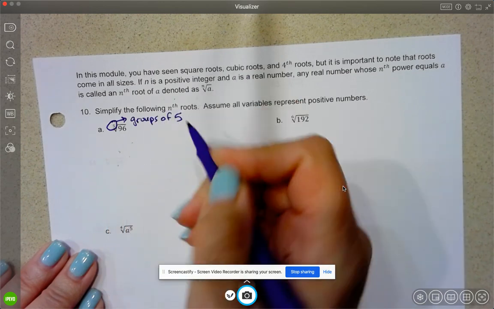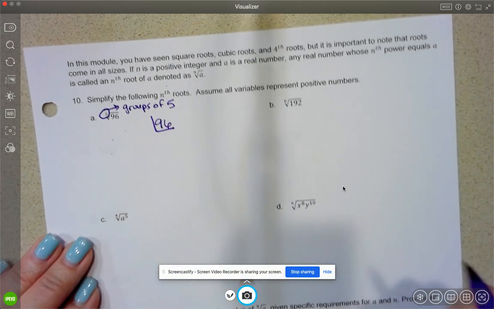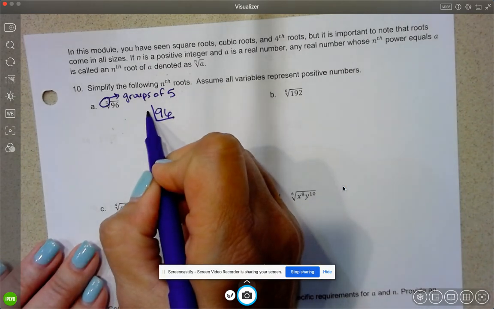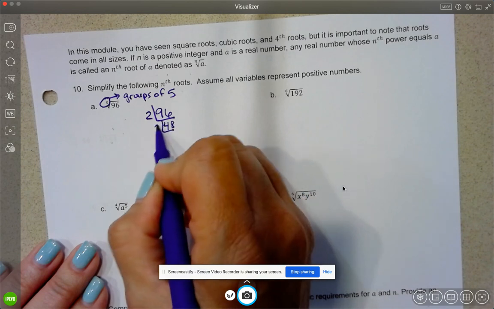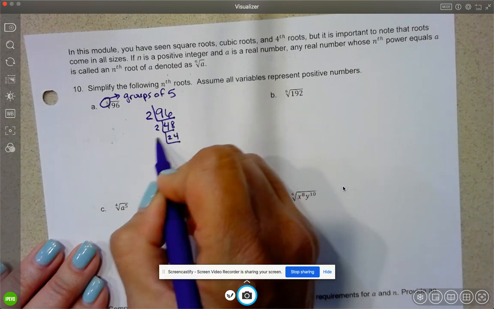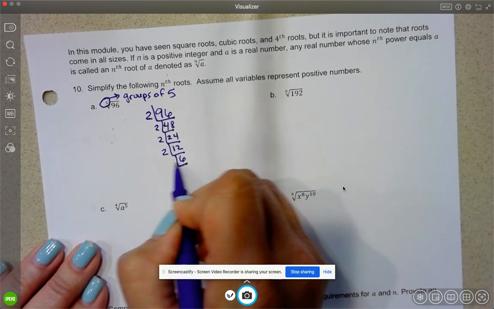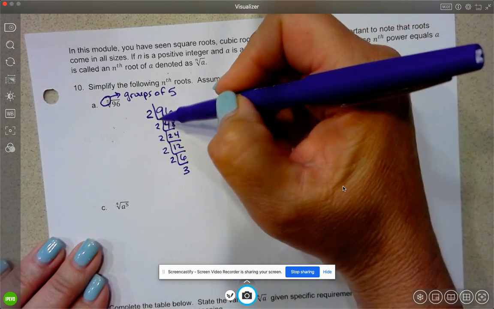Okay, so I'm going to take 96 and do my little division prime number tree thing here. So 96 divided by 2, 48, divided by 2, 24, divided by 2, 12, divided by 2, 6, divided by 2, 3. Okay, so now I'm just looking for groups of 5 here.